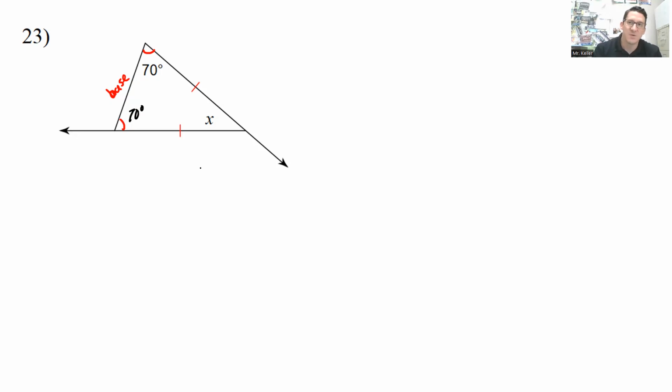So we need to use the triangle angle sum theorem we learned last time, where if we add up the angles of the triangle, they add up to 180. So 70 plus 70 is 140, plus that third angle, X, is 180.